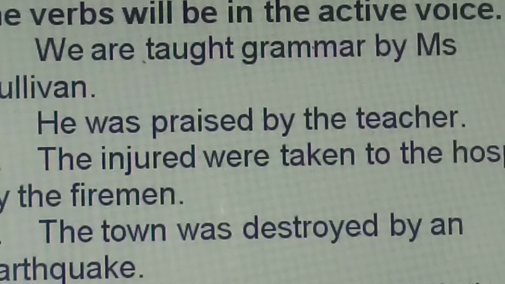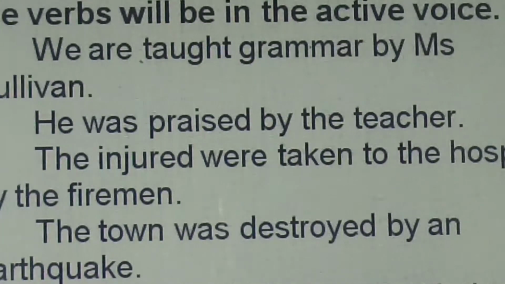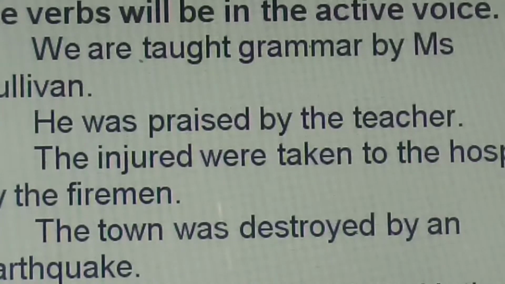Rewrite the following sentences so that the verbs will be in the active voice. Look at the questions, children. These are the questions. We are taught grammar by Mrs. Sullivan. He was praised by the teacher. The injured were taken to the hospital by the firemen. The town was destroyed by an earthquake.